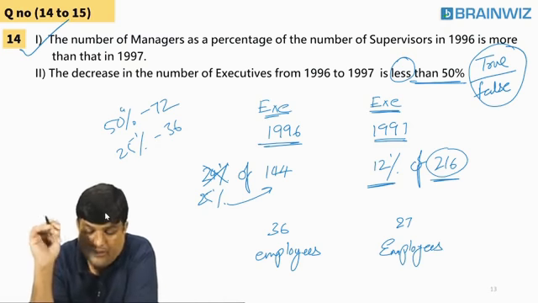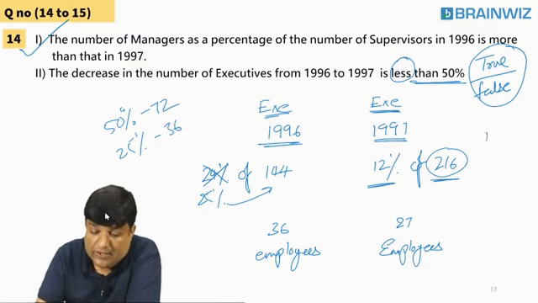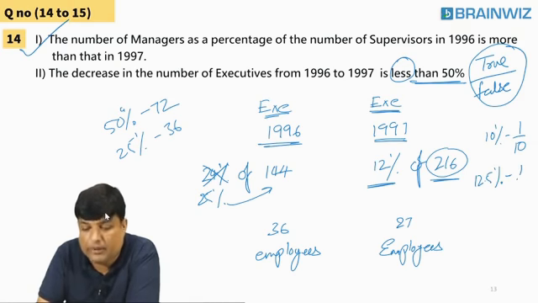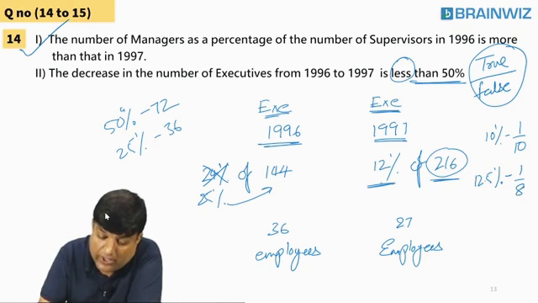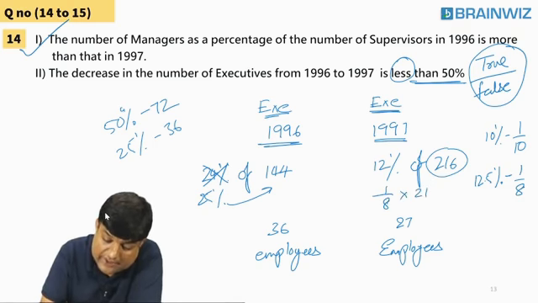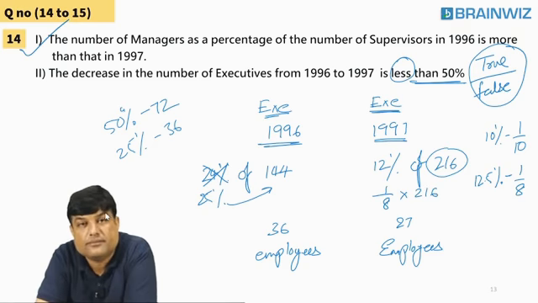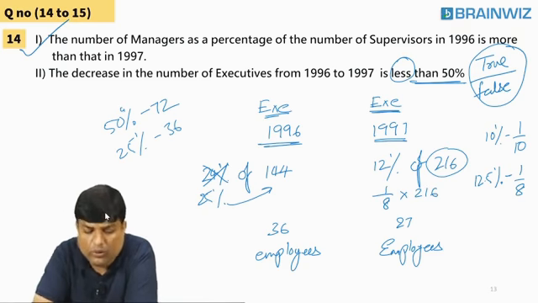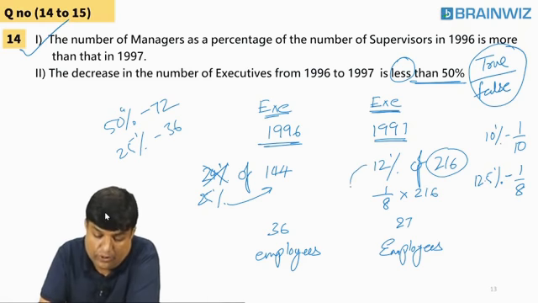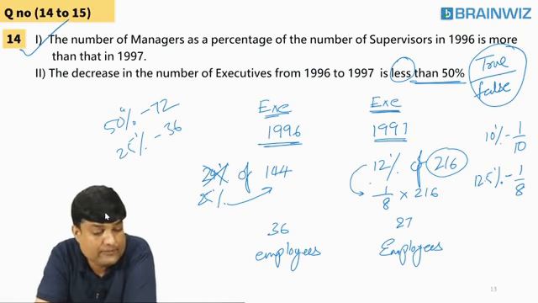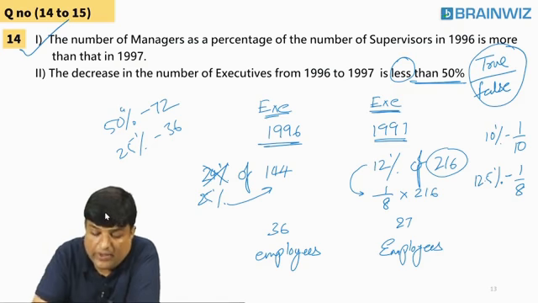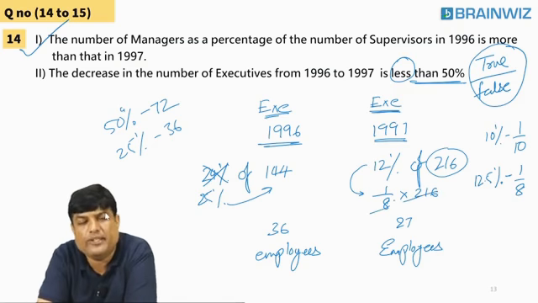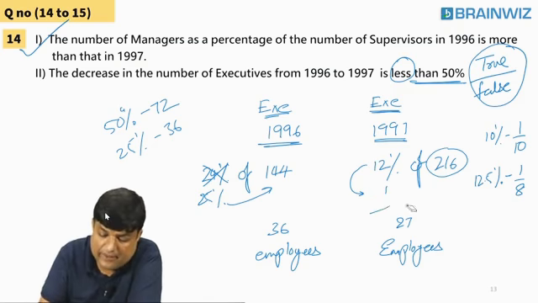Or else, you know that in fractions, 10% is 1/10. 12.5%, guys, 12.5% is what? 1/8. So you can also calculate 12% of 216 as 1/8 of 216. Round figure. 12.5 is not there, 12 is there. Approximately I'm taking. So 1/8 of this thing, near about 27 employees, whatever. Good.